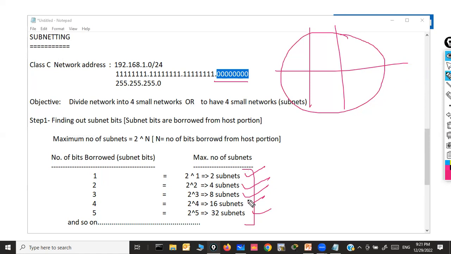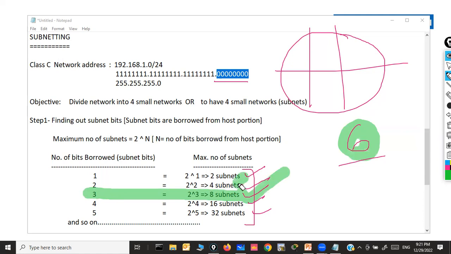So what we do then, we try to reach the nearest figure, but on the higher end side. Means if 6 subnets are required, then definitely we would follow this one. Even if we borrow 3 bits, the network will get divided logically into 8 subnets. Requirement is 6, but yes, we'll have to take this one. We cannot go with 4 subnets, right? Nearest, but on the higher end side.